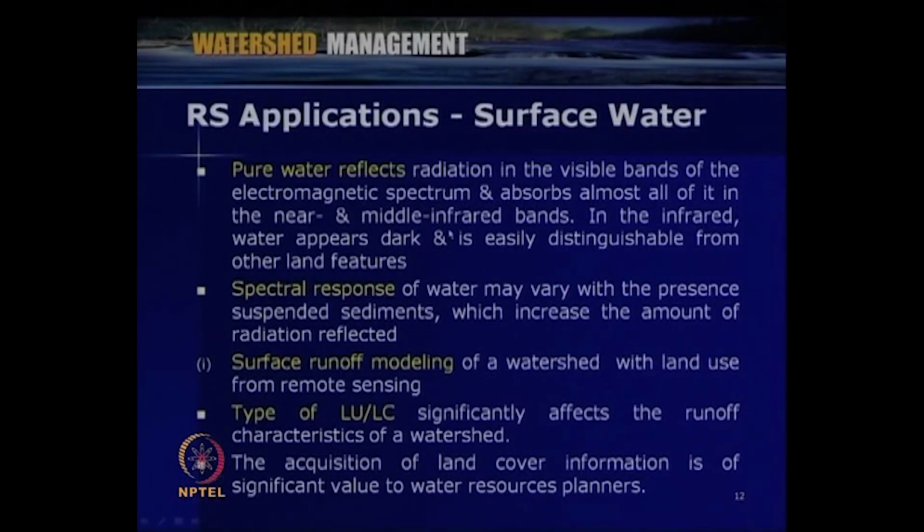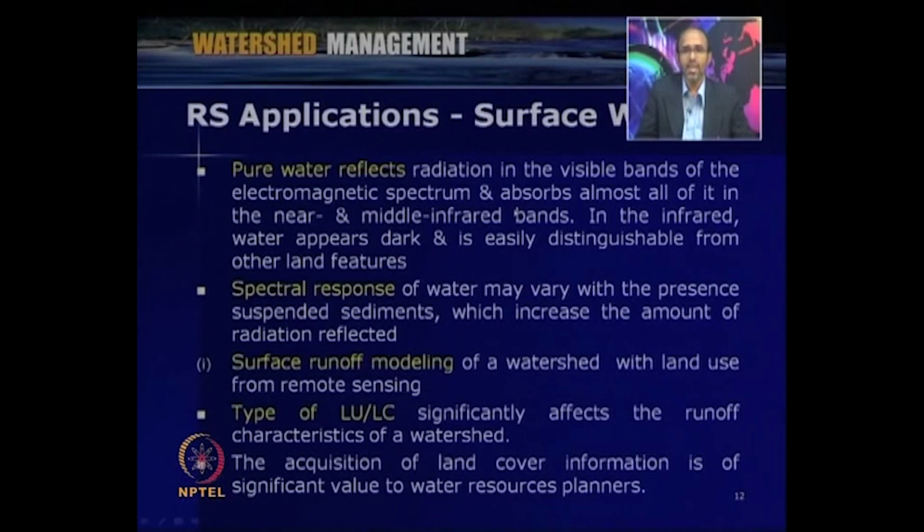That way, remote sensing data easily identifies pure water bodies like lakes, rivers or ponds. The spectral response of water may vary with the presence of suspended sediments, which increase the amount of radiation reflected. So, if any sedimentation is there, that also reflects in a different way.